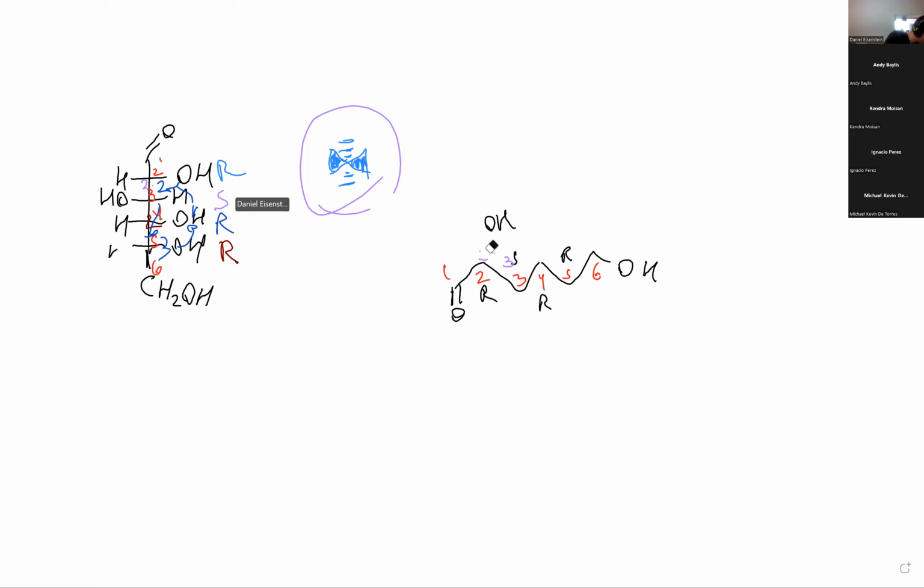Not in that color though. All right. And now that's the right one, right? I want it to be R. It is R. So I move on to the next carbon, okay?